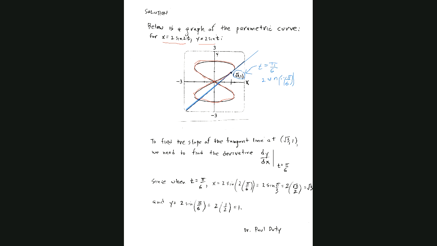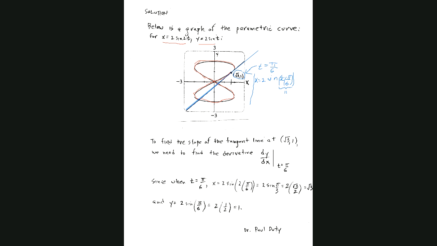To justify it, you need to show that for a certain value of t, you're going to get an x coordinate of square root of 3. And x is 2 times the sine of 2 times t.